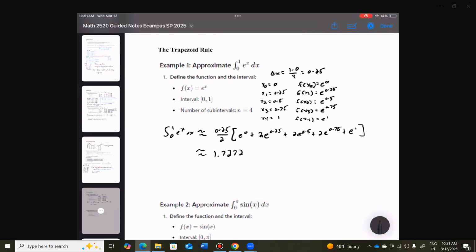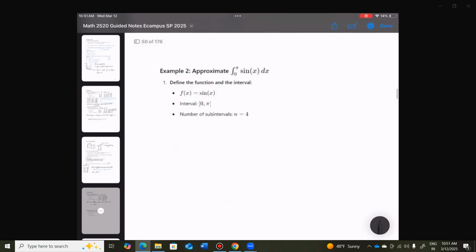Right. I'll do one more of the trapezoid rule. I'll do the integral from 0 to pi of sine x with 4 subintervals. So our delta x is pi over 4. So x sub 0 is 0.